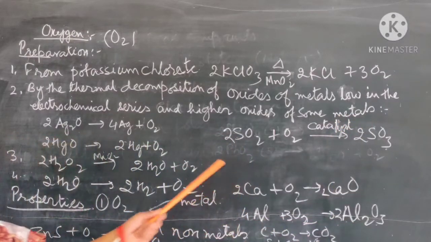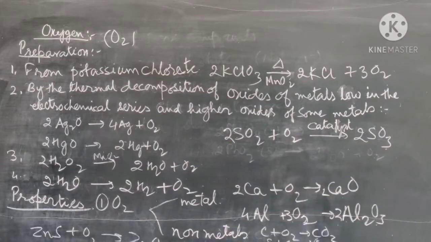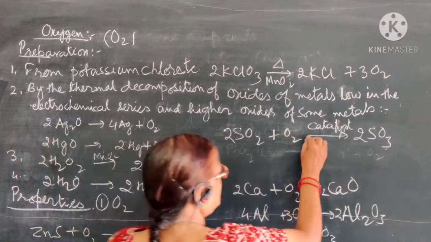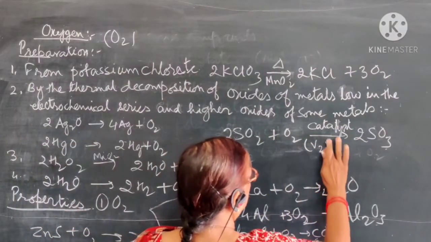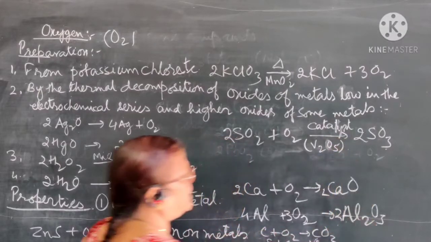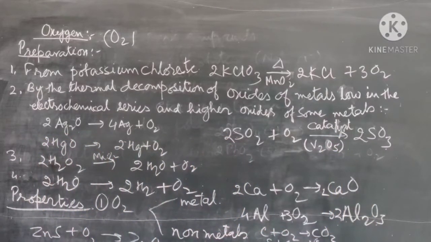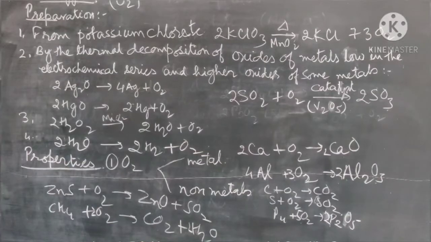That is the basis for the manufacture of sulfuric acid. Here we can take vanadium pentoxide. Sometimes we use nitric oxide. In this way we can write the chemical reactions of oxygen.